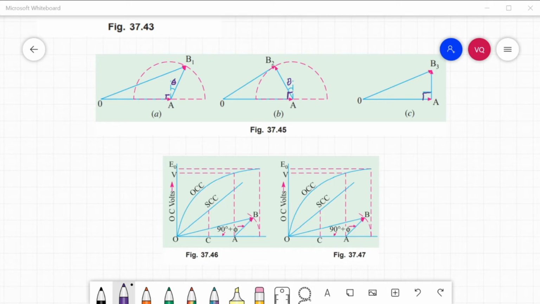If the power factor is lagging, the total field current is OB, for which the corresponding open circuit voltage is EO. Therefore, the percent regulation will be equal to EO minus V divided by V times 100. It should be noted that this method gives results which are less than the actual results.